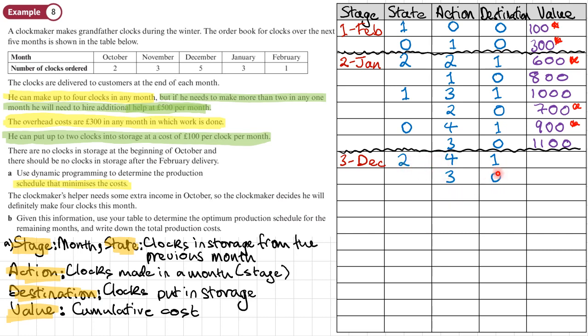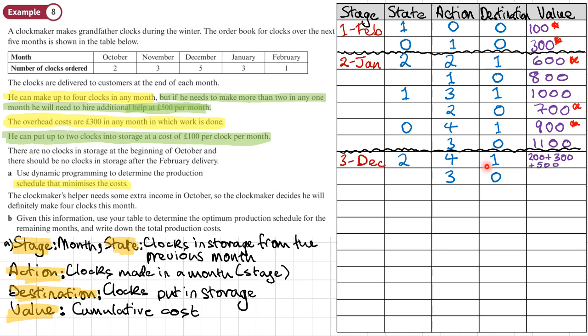So I'll work out the costs. So if I've got 2 in storage from the previous month, that's going to be 200. Plus I'm making 4, so that's going to be 300, my overheads and the additional help. So that will be 300 plus 500. And then the 1 that we put into storage.